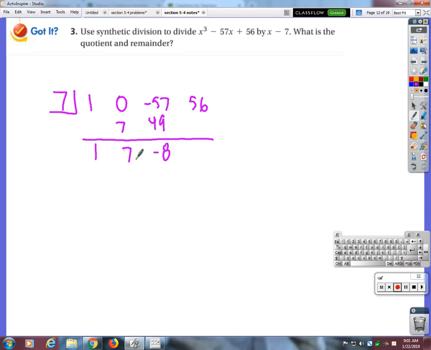And then 7 times negative 8 is negative 56, and if I add those together I get 0. So since I get 0 as an answer, that means that I have no remainder. So that means this thing is a factor of that, and it factors it into x squared, because this started as x cubed, plus 7x minus 8.